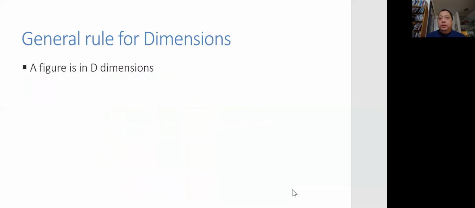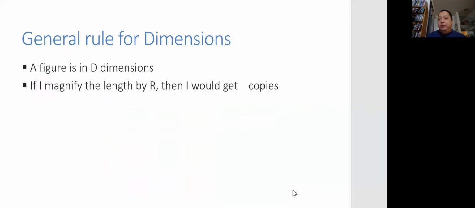So the general rule is that if I have a figure in d dimensions and I magnify by a factor of r, then I would get r to the power d copies. The relationship is n equals r to the power d. So I'm ready to compute the formula for d.